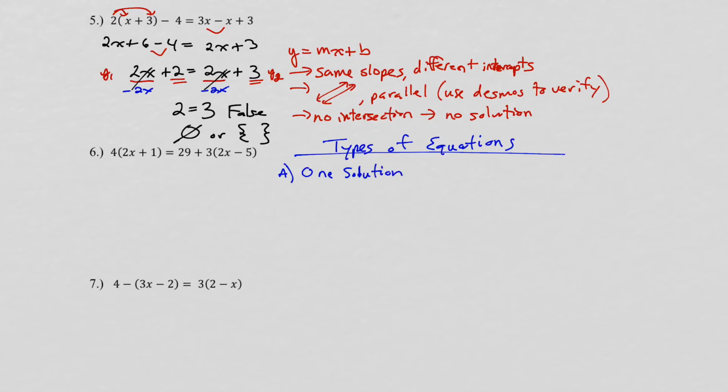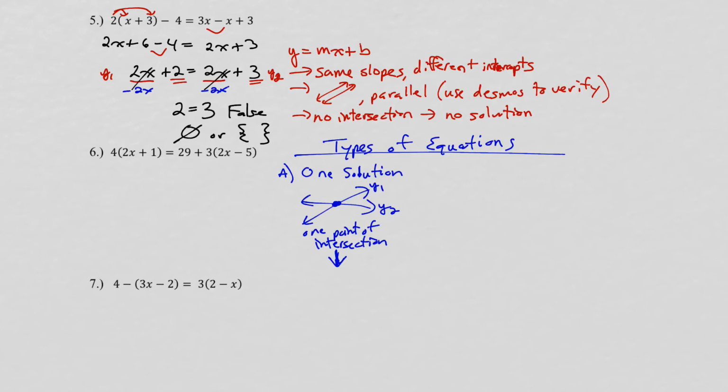And remember, we used Desmos, and we saw that there's going to be an intersection of those two equations, y1 and y2. So that's one point of intersection.